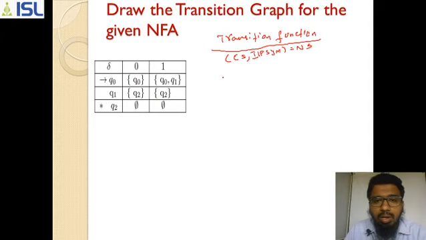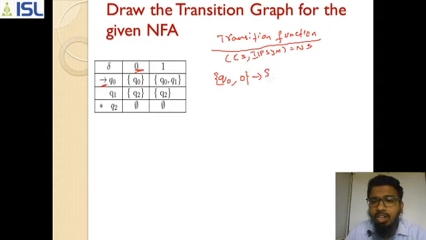First one, here Q0. Q0 is the initial state. Present state or current state, Q0 comma 0. What is the input? 0. What will be the answer? What next state are we getting?